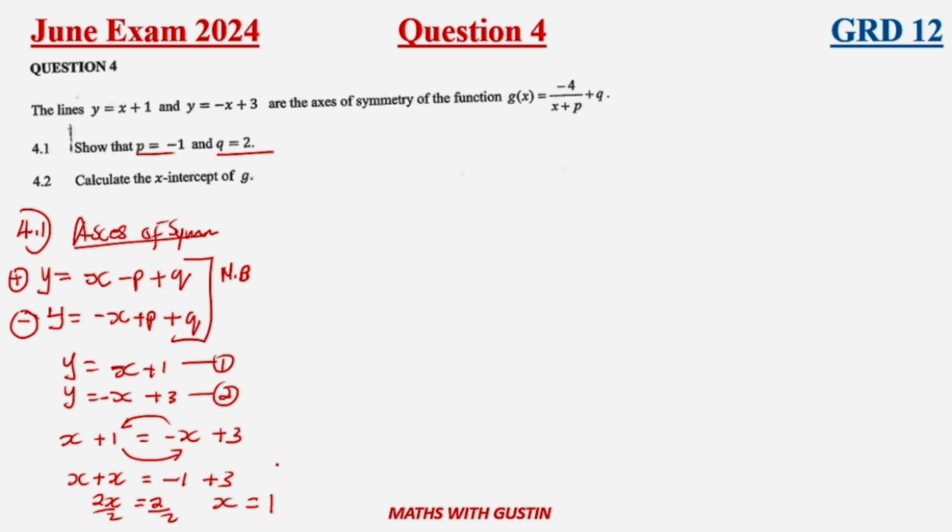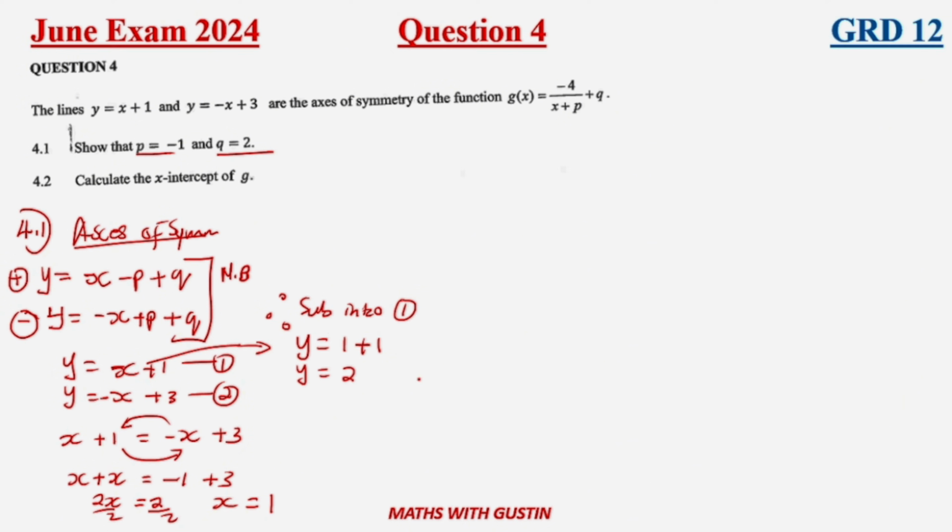Right, our x will be equal to 1. Therefore, let's substitute into equation 1 to find y. You're going to say y equals 1 plus 1. I just substituted into this equation here, so it will give us y equals 2.